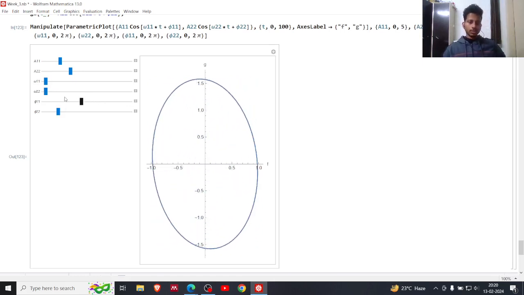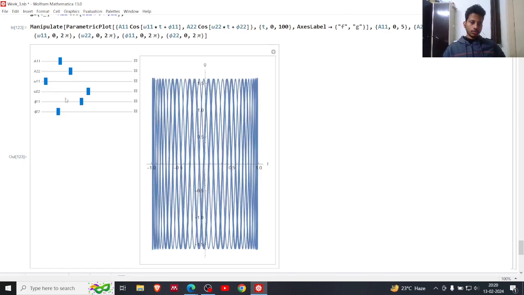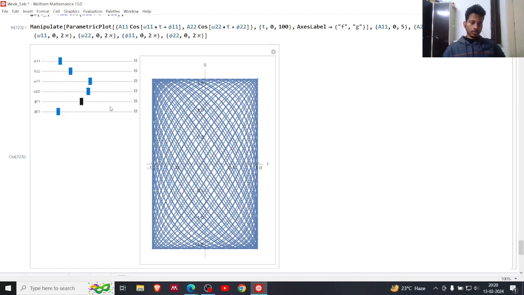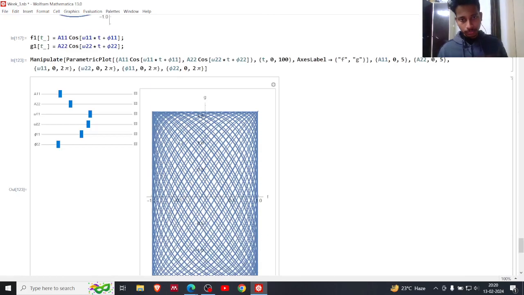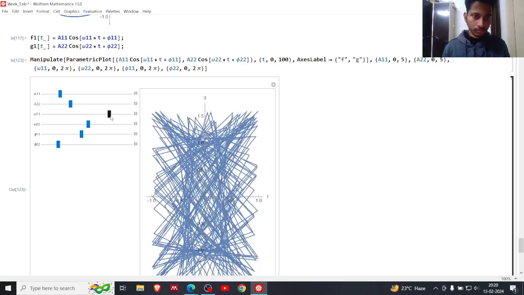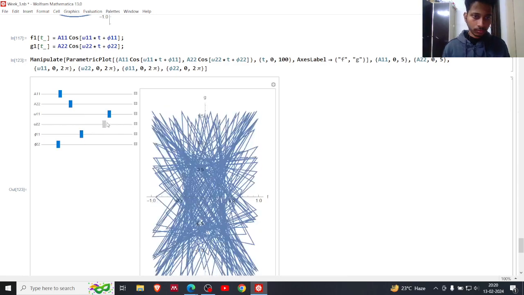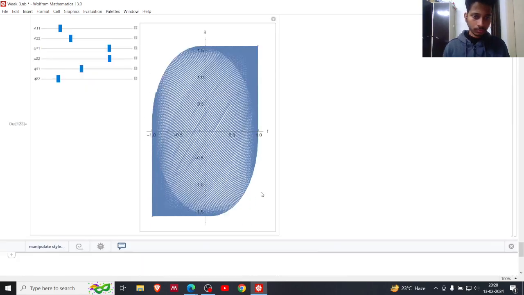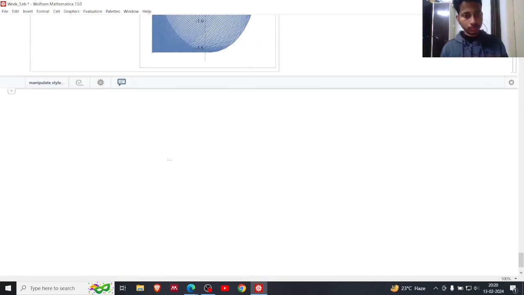So this is the plot of Lissajous figures. If you remember, this is basically the plot of a Lissajous figure.